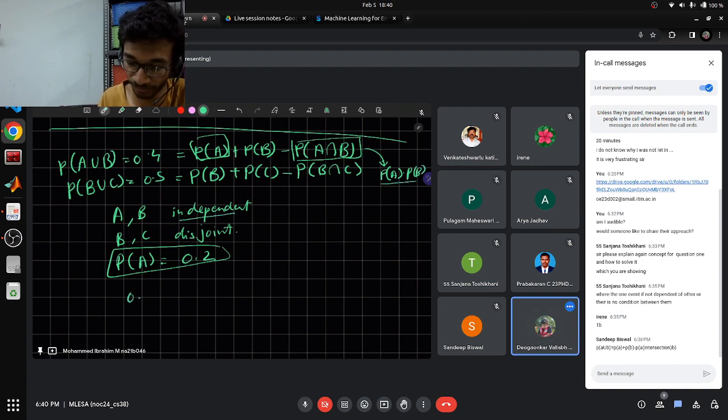So the first equation essentially becomes 0.4 equals 0.2 plus, this is an unknown right now, P of B, minus 0.2 into P of B. So this equation can give you the P of B.